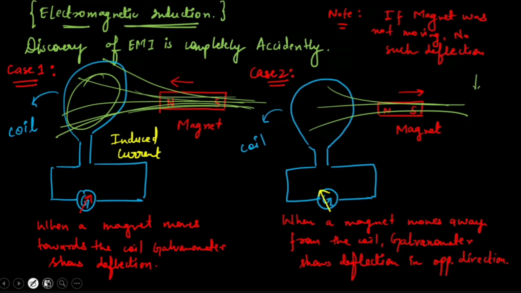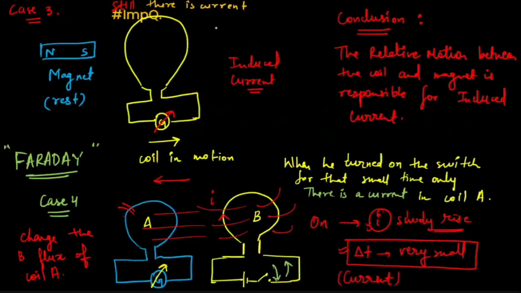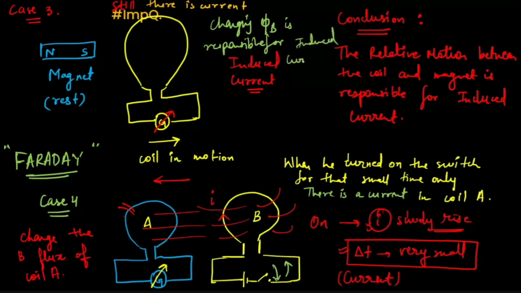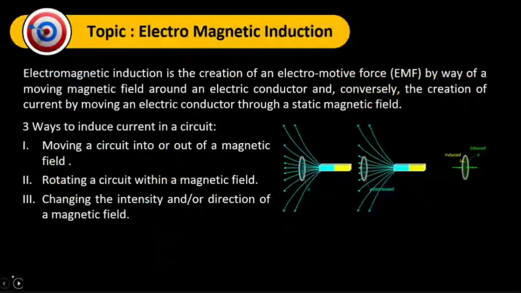So ultimately, Faraday concluded that changing magnetic flux is responsible for induced current. Are you getting it?